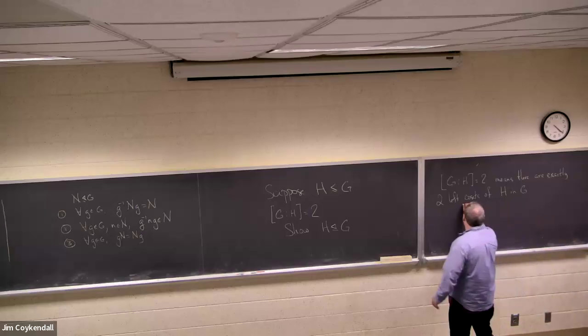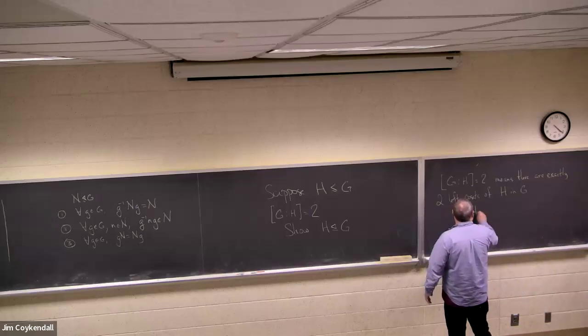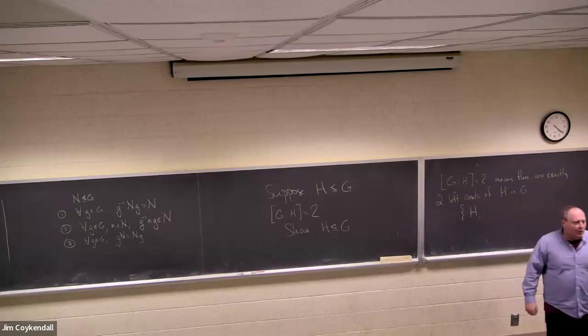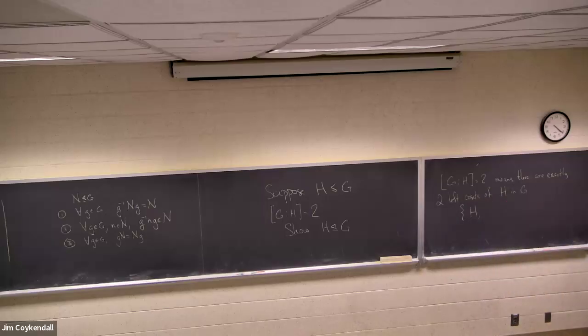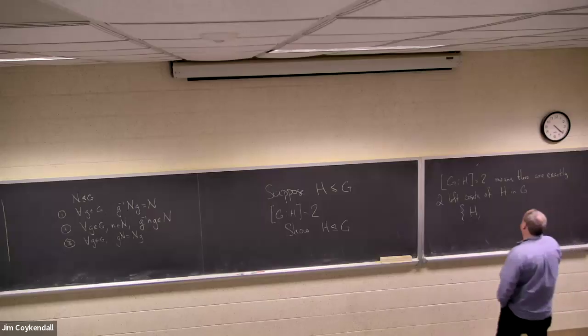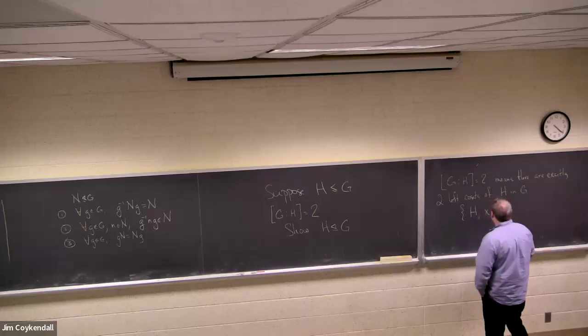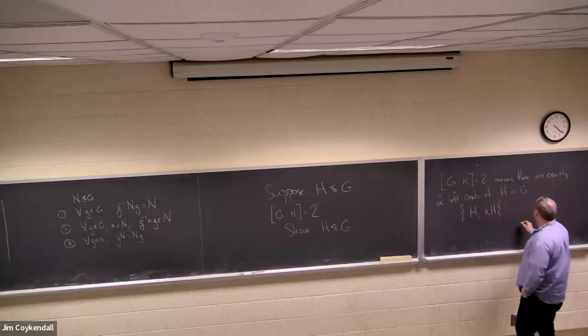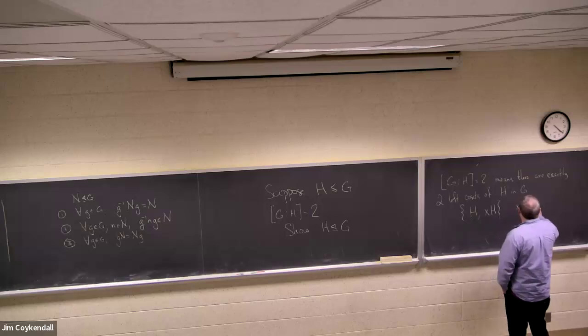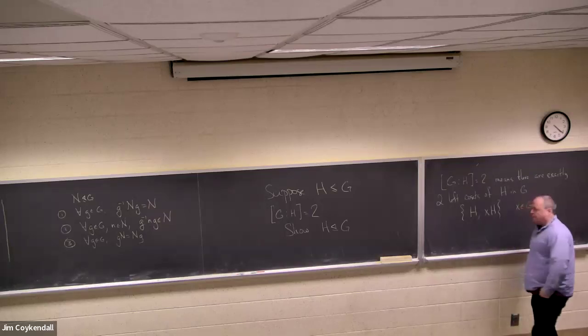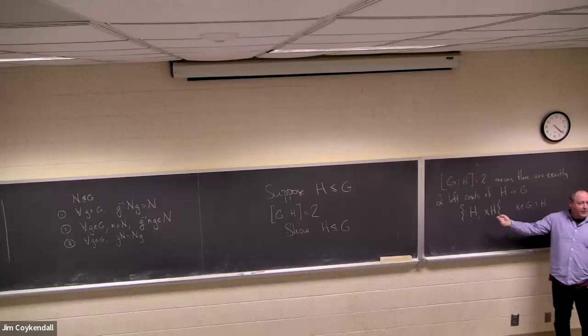So here's what the cosets are. One coset is H itself. And the other coset is xH. And what is x? x is anything that is in G but not in H. So x is just something that comes out of the other half.